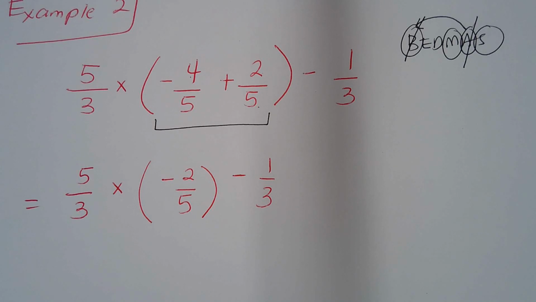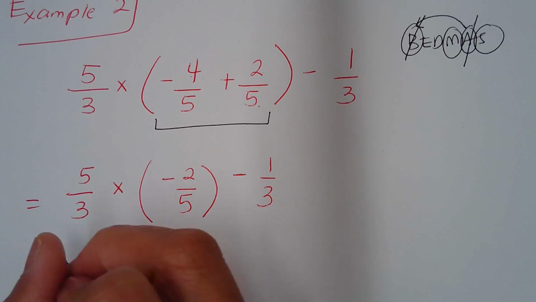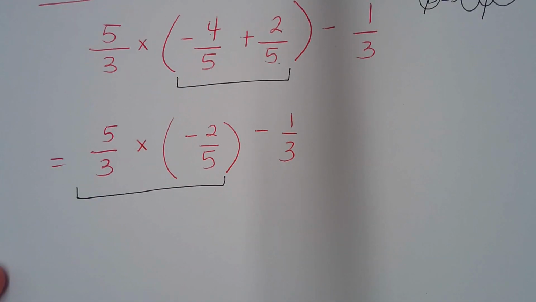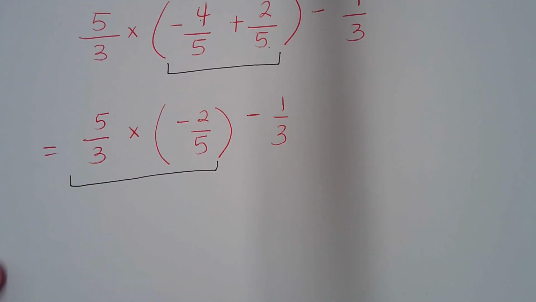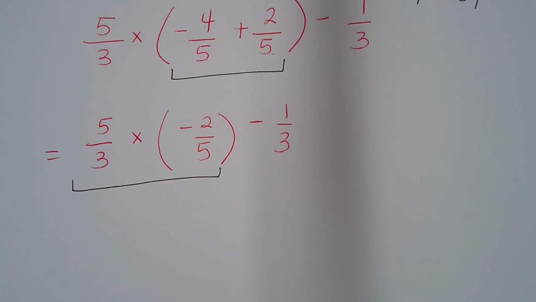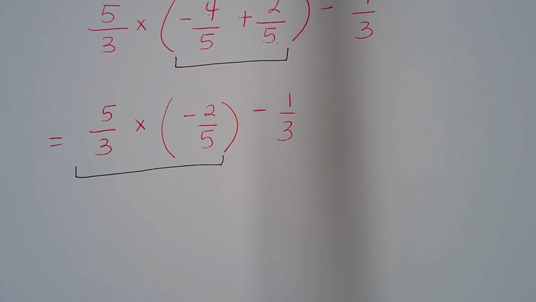Multiplication. I'm going to do multiplication first. And how do we multiply? Numerator by numerator, denominator by denominator. Correct. I'm not cross-reducing.